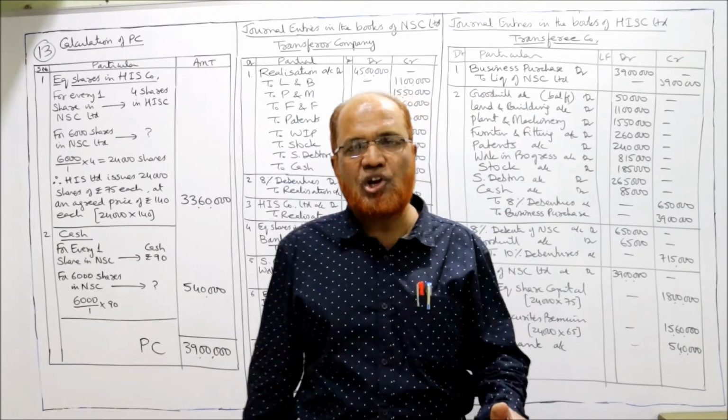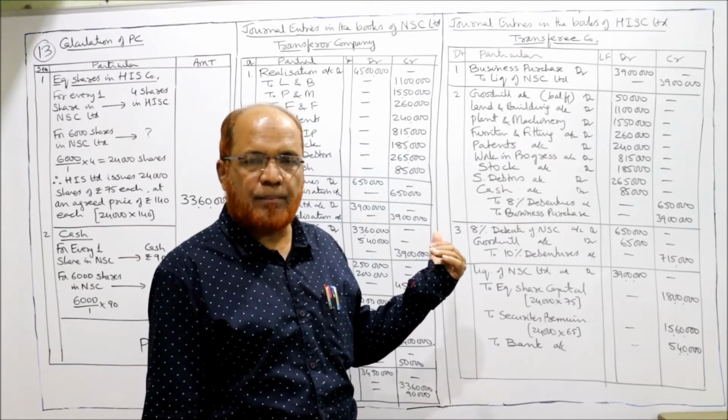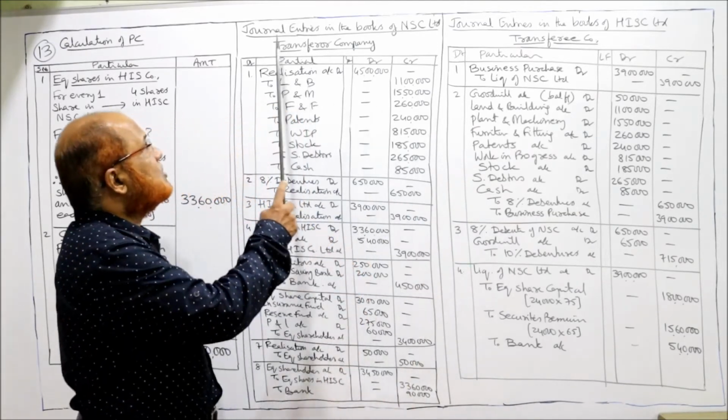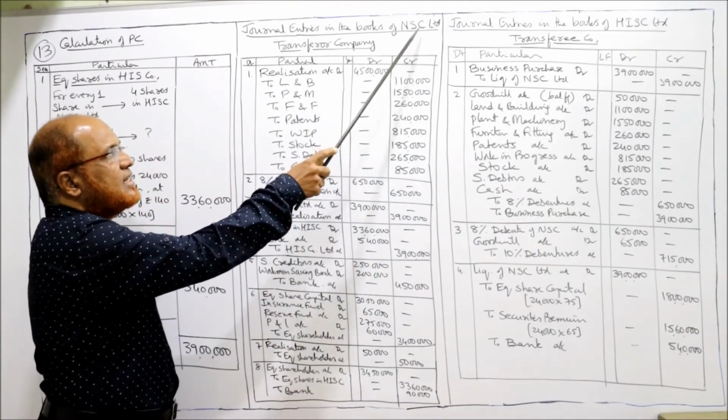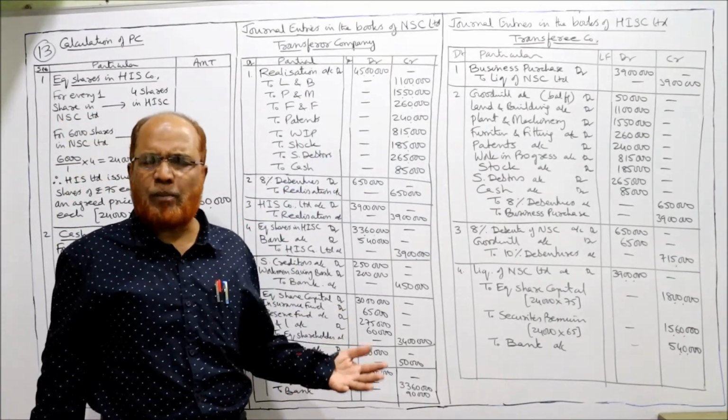Now we pass the journal entries in the books of the National Steel Company, Transferor Company. First, journal entries in the books of National Steel Company Limited, Transferor Company. Already so many problems we have done.